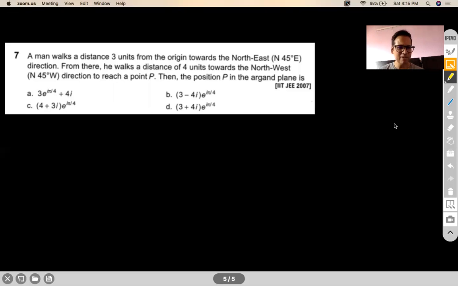Next. A man walks a distance of 3 units from the origin towards northeast. From there, he walks a distance of 4 units towards northwest to reach a point P. Find the position of P in the Argand plane. JEE 2007 question, guys. So you are looking at a question which came in one of the JEE exams.